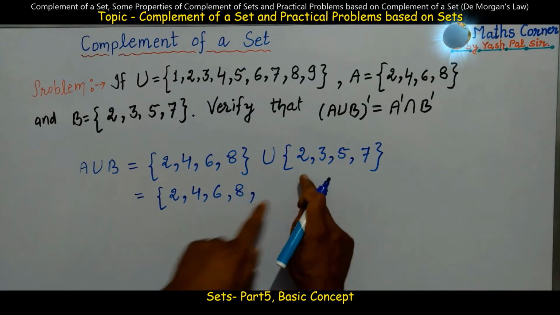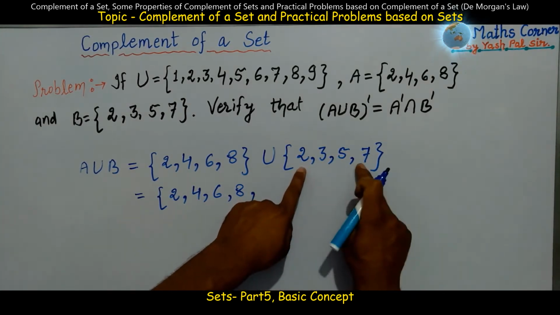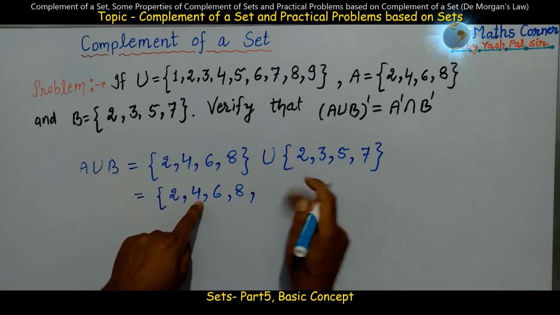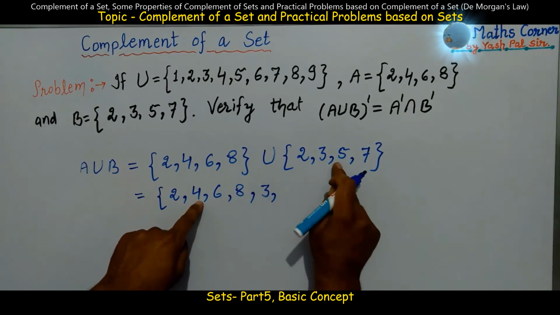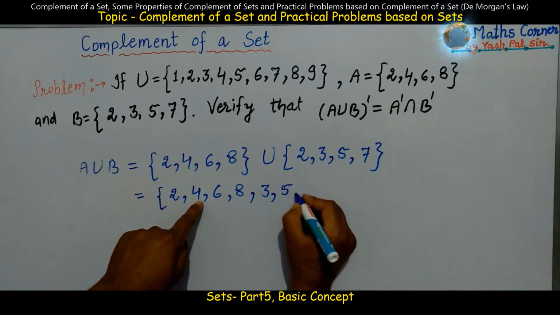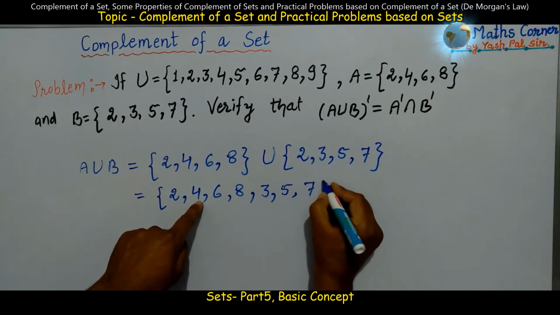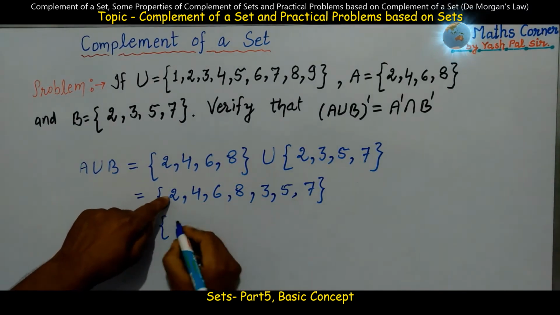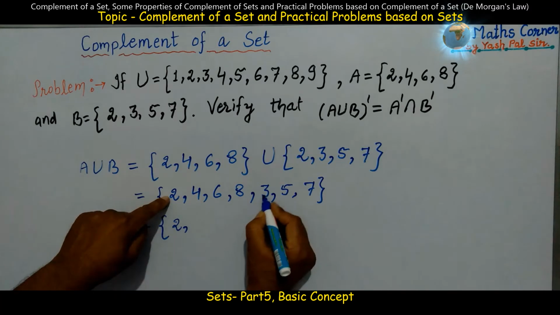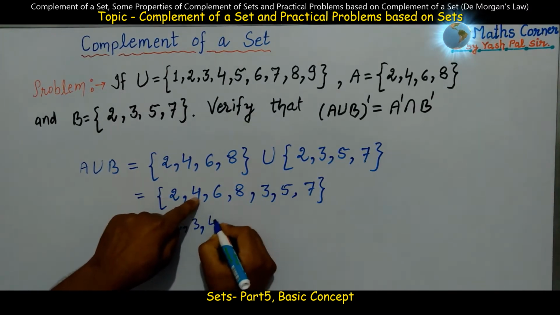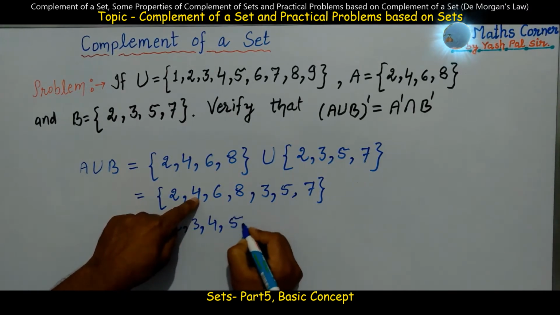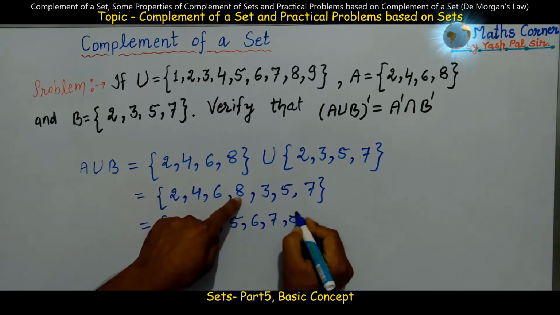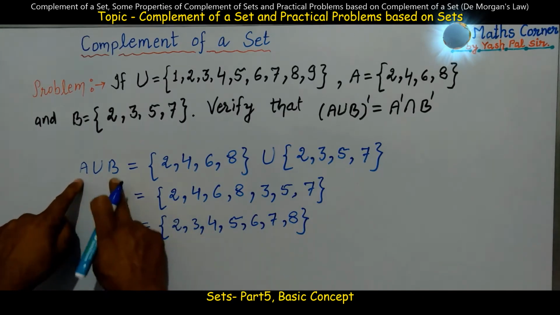Next we write the elements of set B: 2 is already written, next is 3, 5, and 7. Or we can also write this in order: 2, 3, 4, 5, 6, 7, 8. So this is A union B.